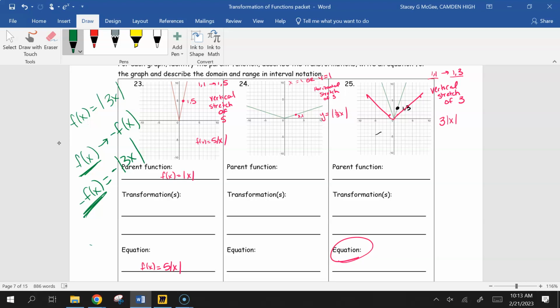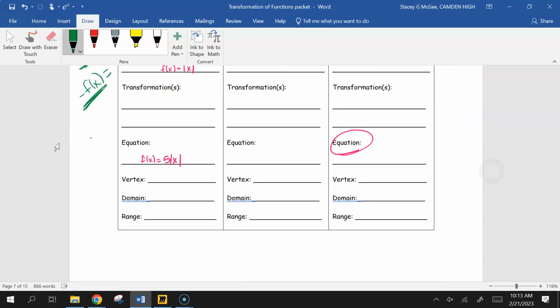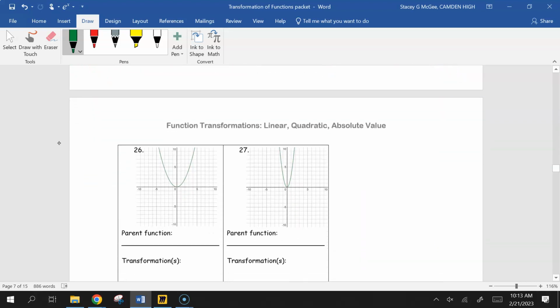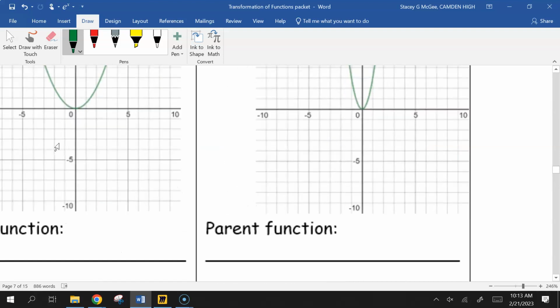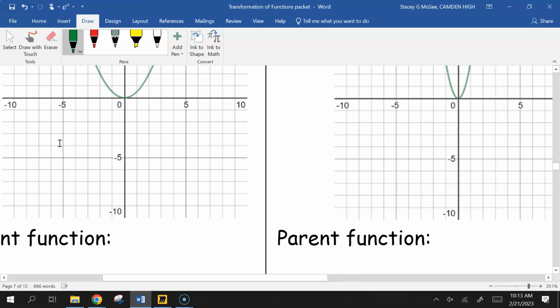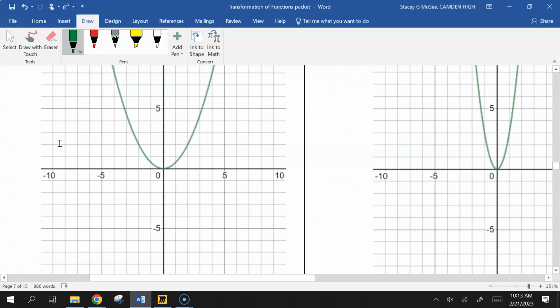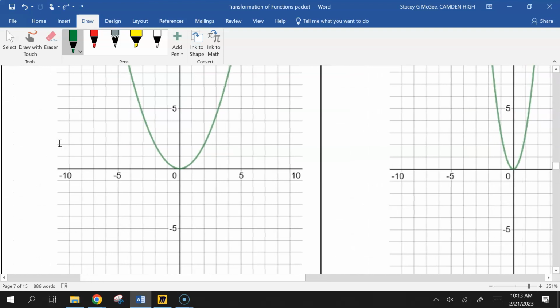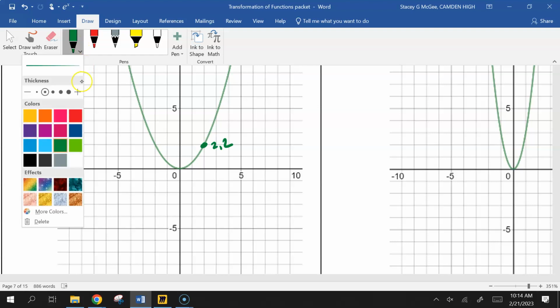What else? 26. Okay, so here you can't find one, so maybe I need to, you're saying this is (2, 2). Maybe on this one I can do both.